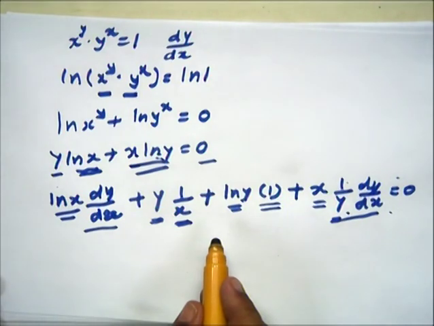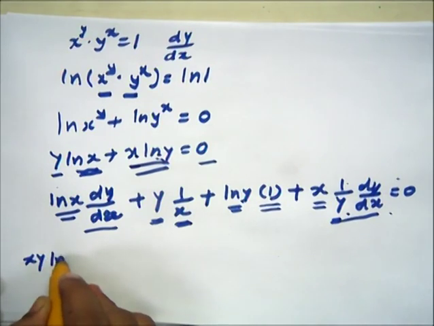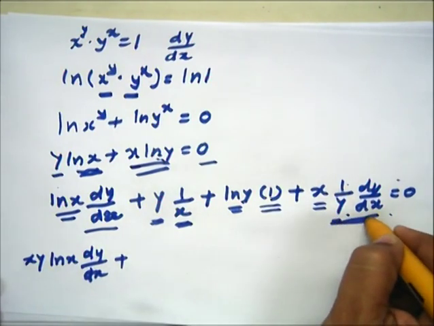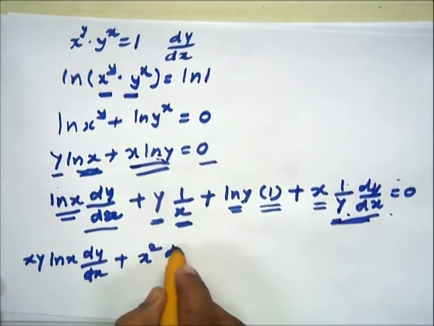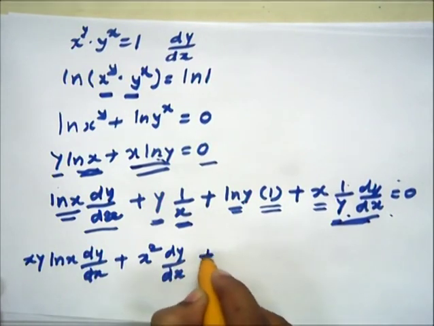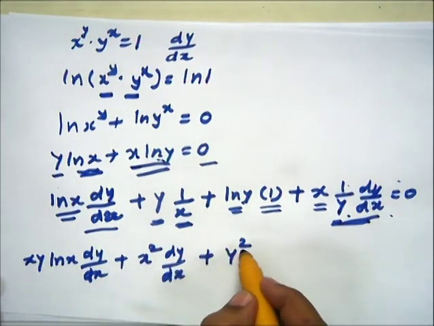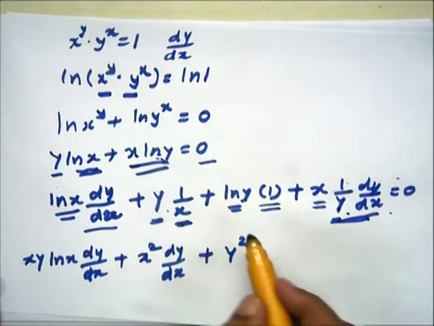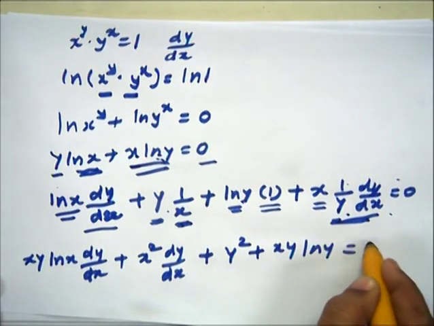If we multiply the entire equation by xy, we have xy log x dy by dx, plus, I write this term now because it includes dy by dx, y will get cancelled, so x square will remain into dy by dx, plus here x will get cancelled, so we have y square, because we are multiplying by x into y, plus xy into log y is equal to 0, since 0 into anything is 0.